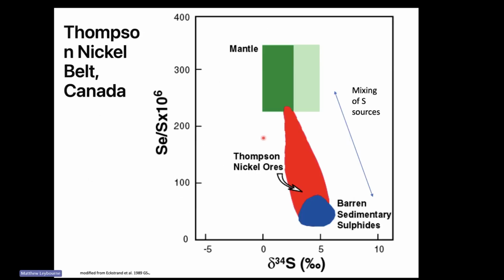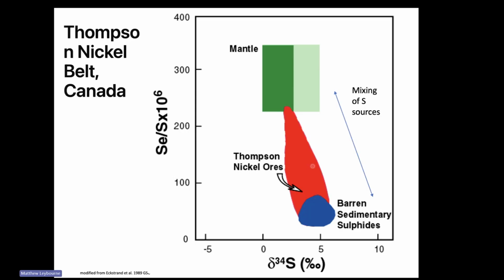So we can look at some values from the Thompson nickel belt in Canada, which is a large nickel-copper series of deposits. We have sulfur-selenium ratios on the y-axis and the sulfur isotope value on the x-axis. The details aren't hugely important, but the mantle value is this green box.